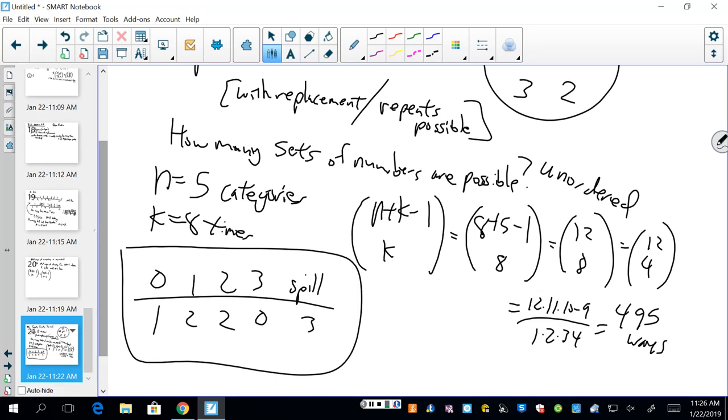So these are the objects you have, and these are the repetitions, and you could get different variations of this that add up to 495 ways. I don't think I've seen all of them, but seen a few. So anyway, that's one application of counting of that.